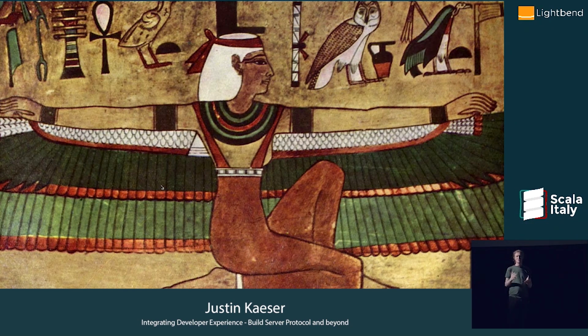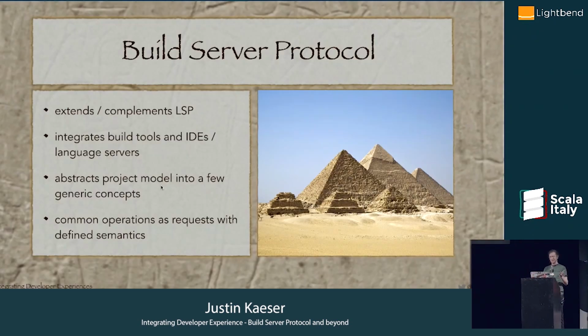And Bloop takes advantage of this by offering a resident compiler, besides various other optimizations specific to the Scala compiler. So Fury takes advantage of Bloop by connecting to it over BSP, because Bloop is another implementation of the build server protocol as a server. So Fury simply delegates the compilation to Bloop. Now that's a use case.